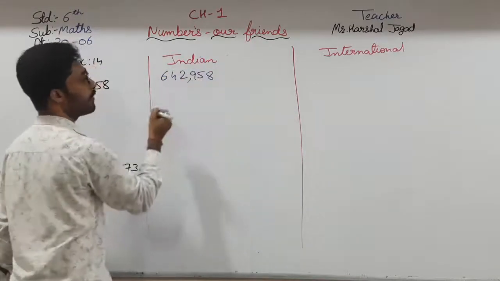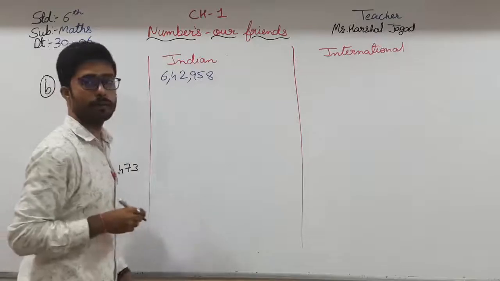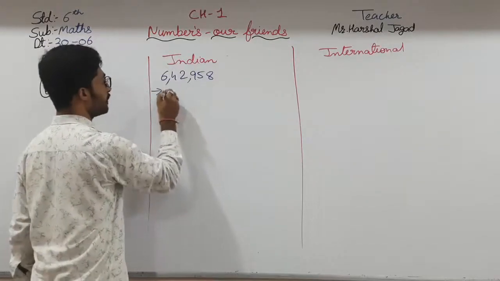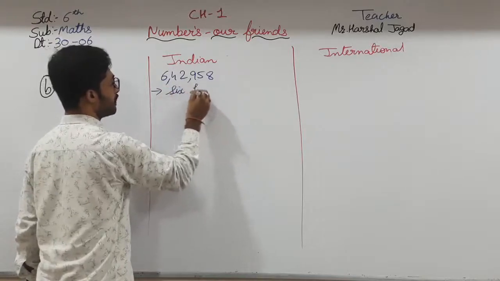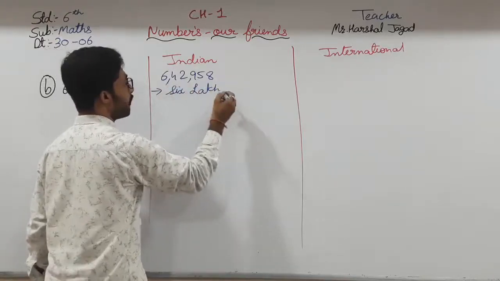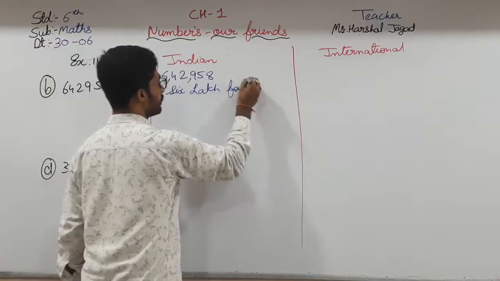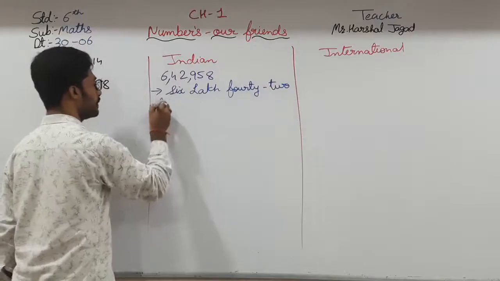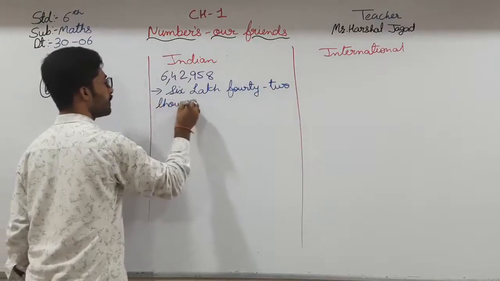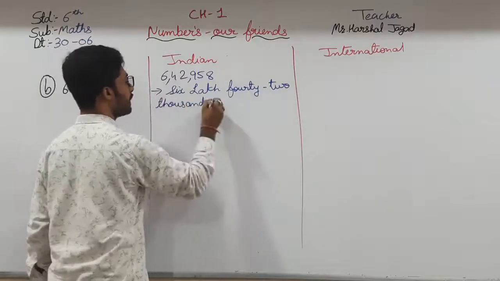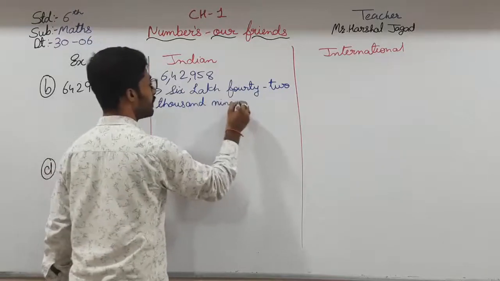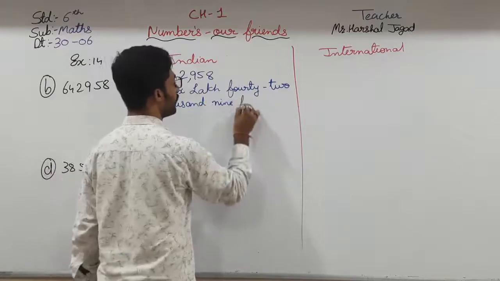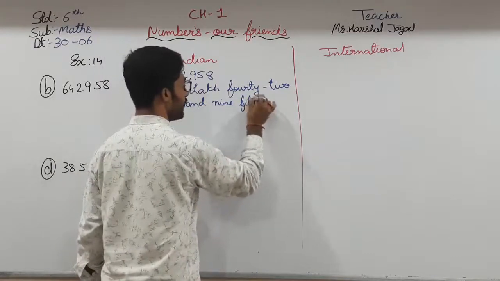The first comma will be here and the second over here, and we can write that in words: 6 lakh 42,000 900 958.